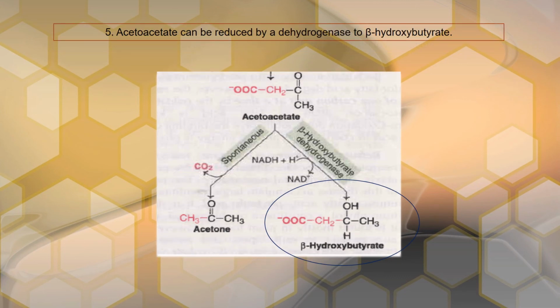Another enzyme, that is beta hydroxybutyrate dehydrogenase, converts the acetoacetate into beta hydroxybutyrate, which is also a ketone body.